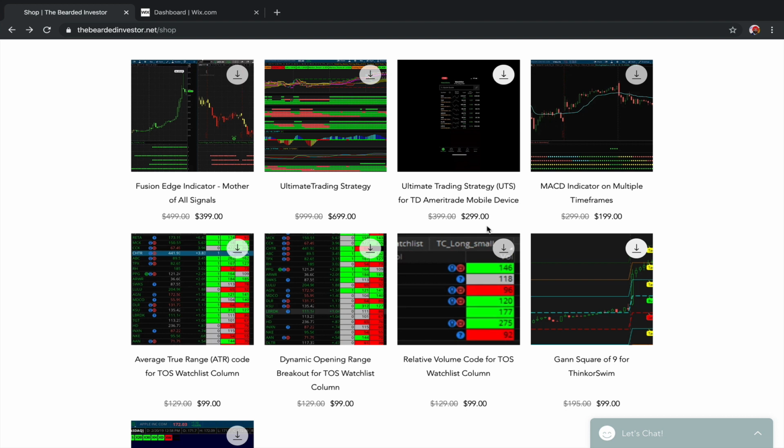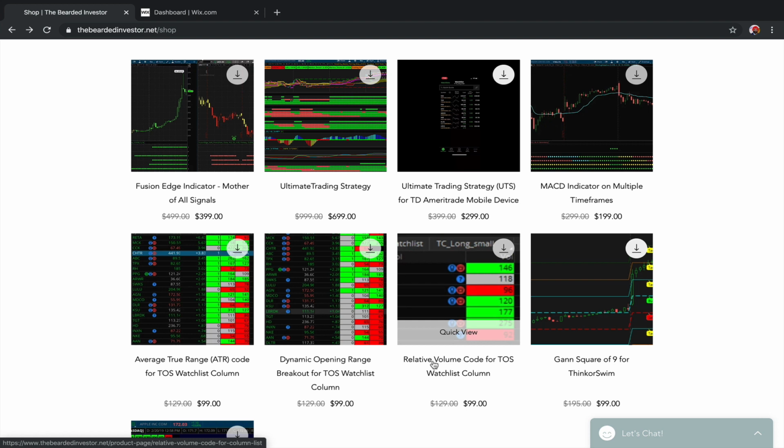In addition to that, there are three column codes. One of them looks at relative volume, and this is probably one of the best pieces of code that I've written. It tells you if a stock's volume for that part of the day is higher than the normal volume.